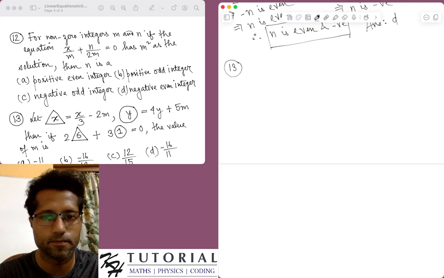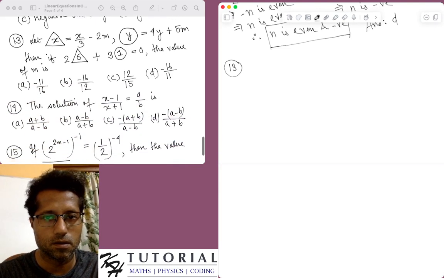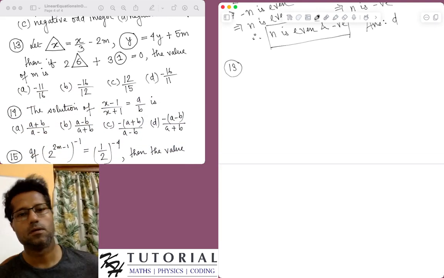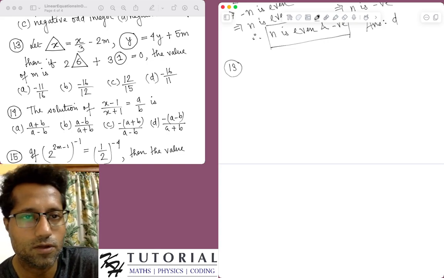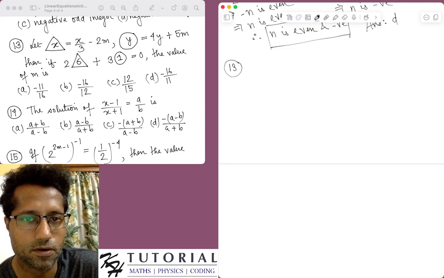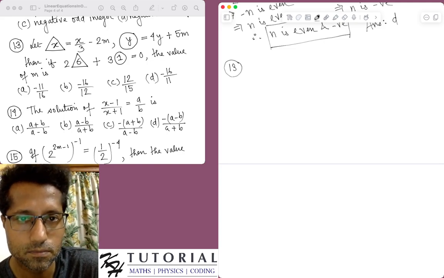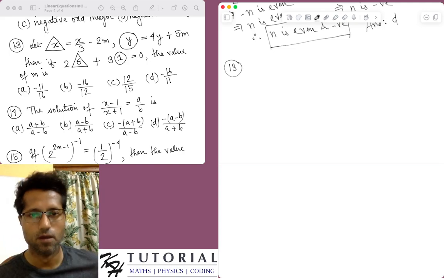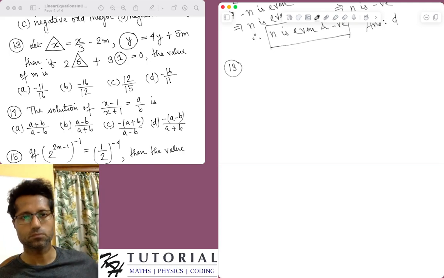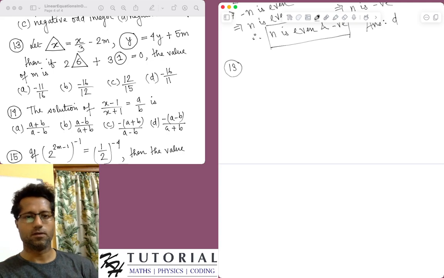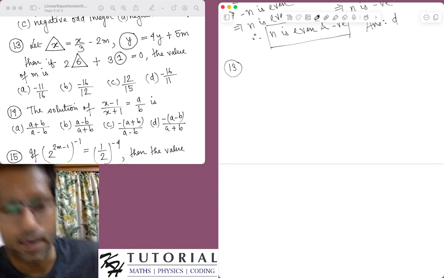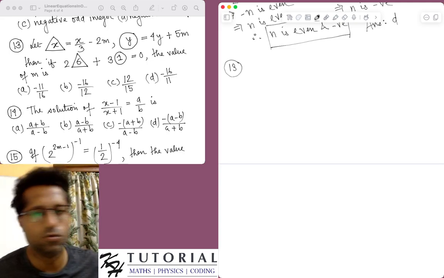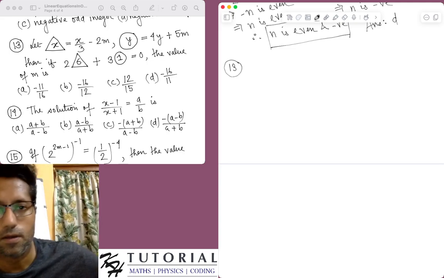Question number 13. Okay, it says there is a triangle and in the middle there is x, equals x by 3 minus 2m, and there is a circle with y inside, equals 4y plus 5m. Always remember that if you see the letters n, m, p and q, they usually do not mean the variables.